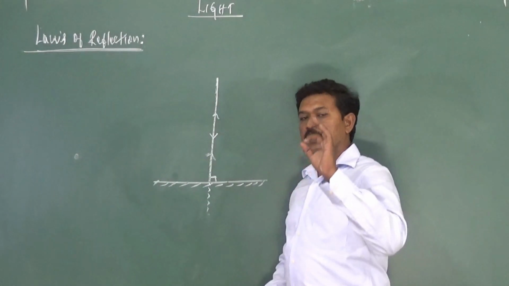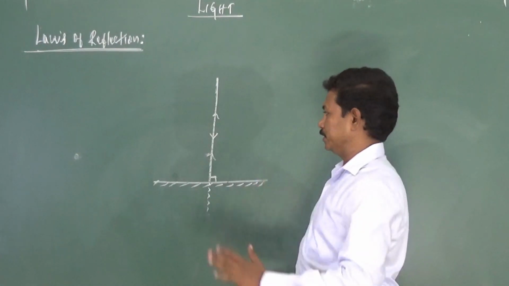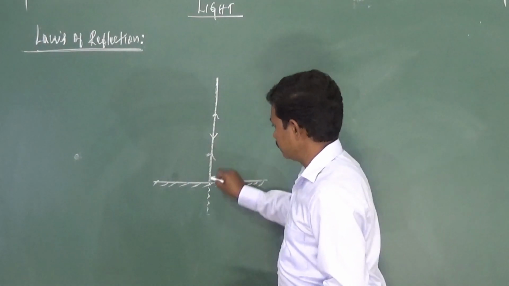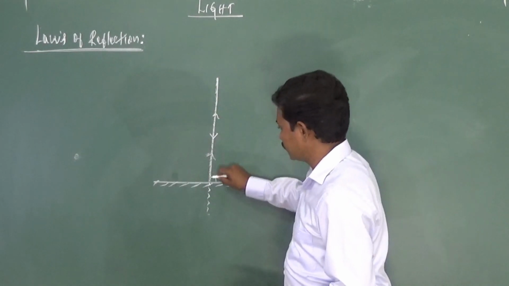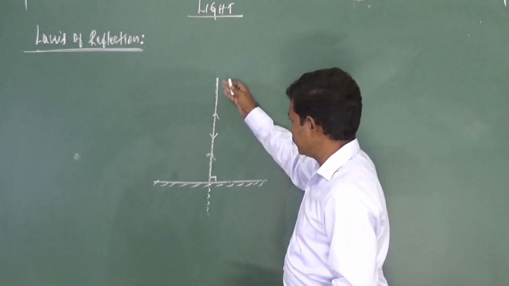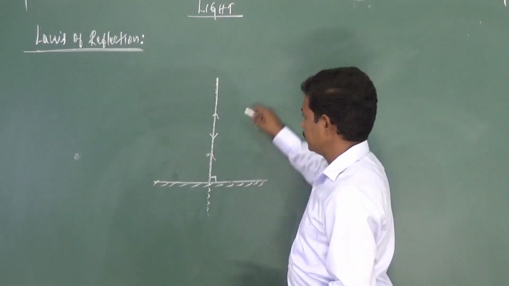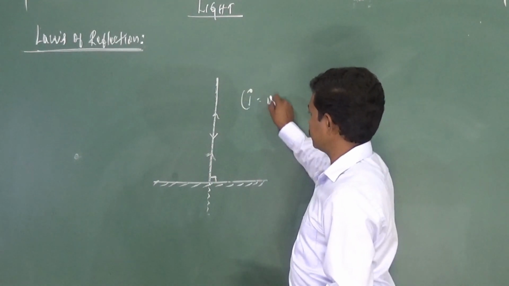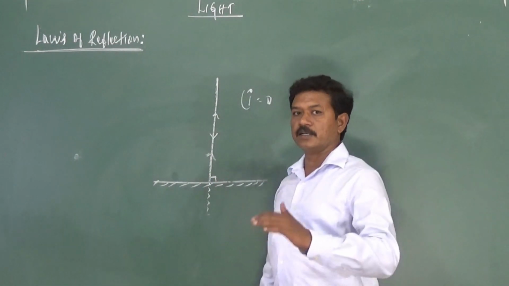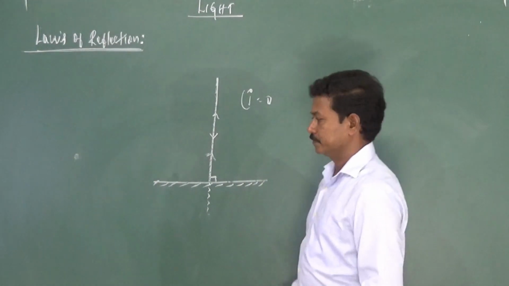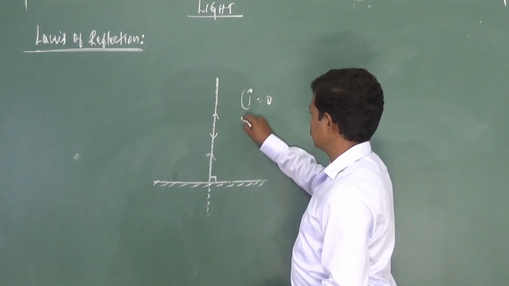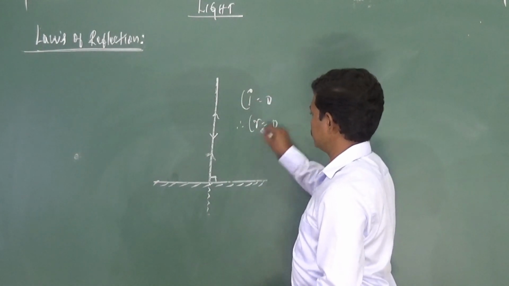Now technically, what happens here? This is the normal and the light ray is travelling on the normal towards the mirror. Therefore the angle between the incident light ray and the normal is 0, that is angle I is equal to 0. According to the laws of reflection, angle I is always equal to angle R. So angle I is 0, therefore angle R is also equal to 0.